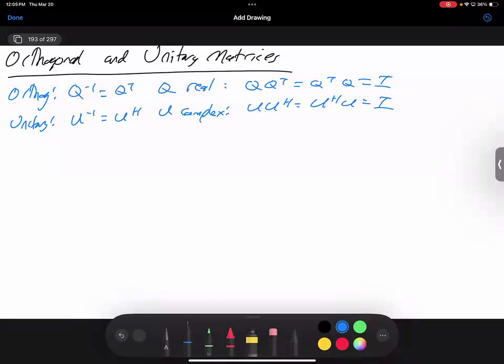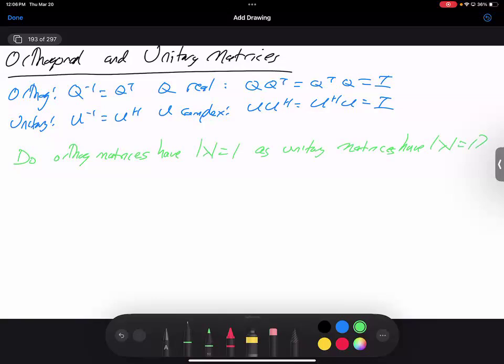So do orthogonal matrices have the absolute value of their eigenvalue equal 1, as unitary matrices have the absolute value of their eigenvalue equal 1?